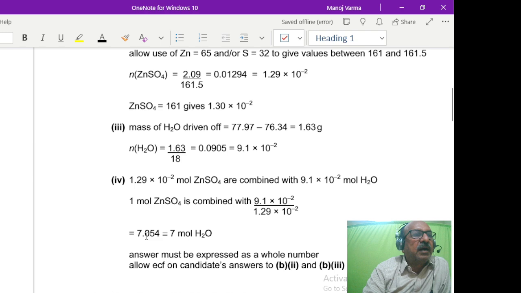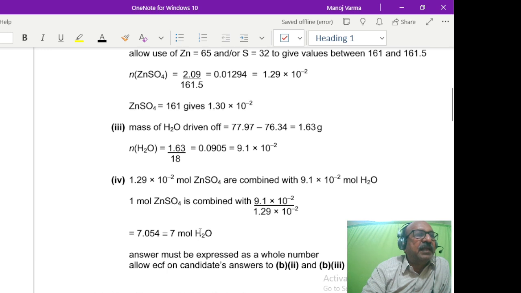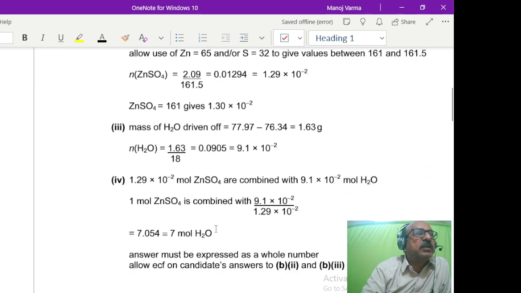But you cannot have a fraction of the number of water molecules, so you round it off, so you get 7, and therefore you got the answer that the value of x was 7. So I think this is the way you had to do it. I think you understood this question.